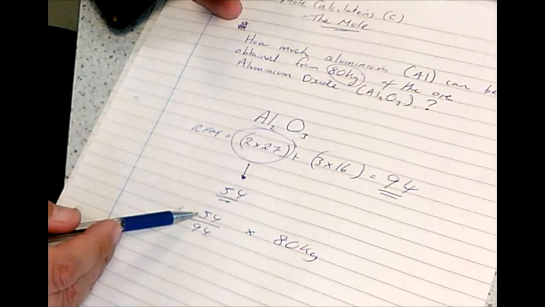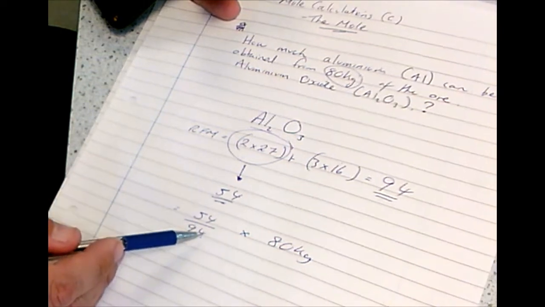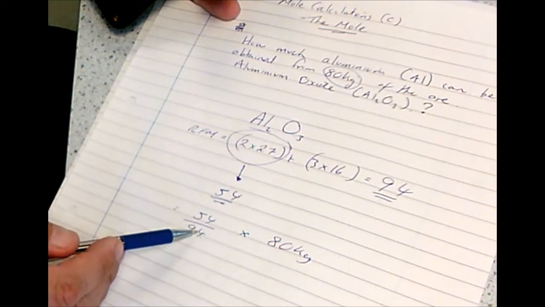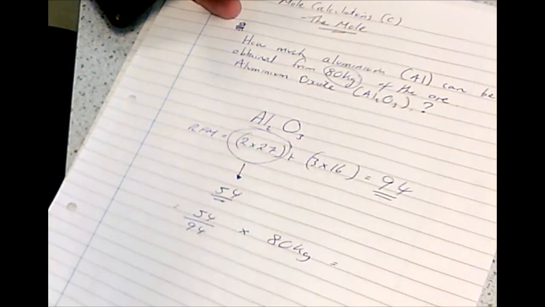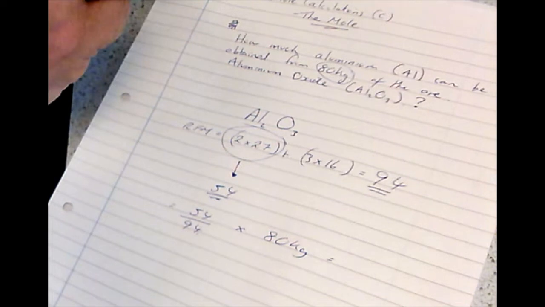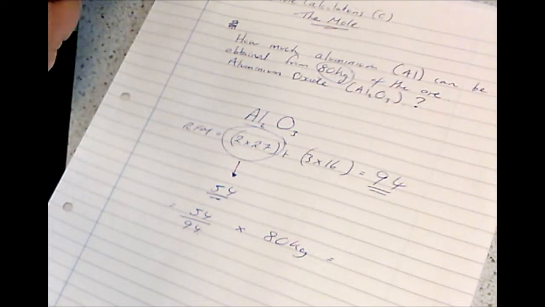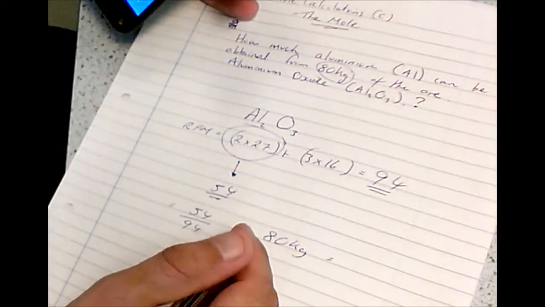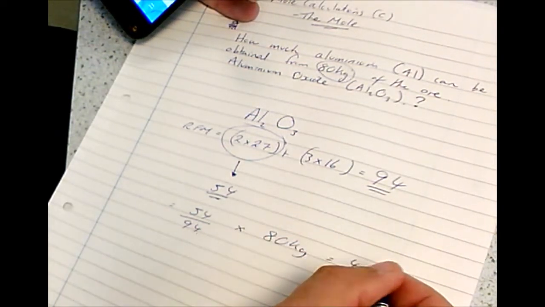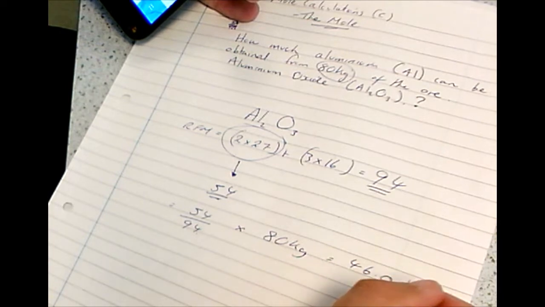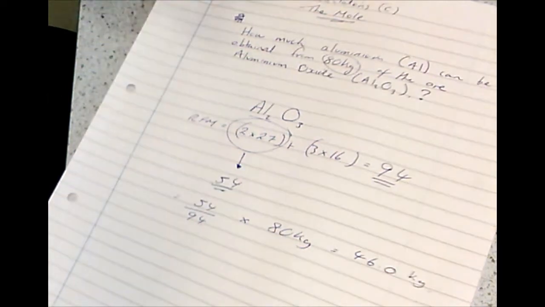The amount of aluminium present as a fraction is 54 over 94, so 54 94ths of 80. Let me work that out on the calculator. 54 divided by 94 times 80 comes to, to 3 significant figures, 46.0 kilograms.